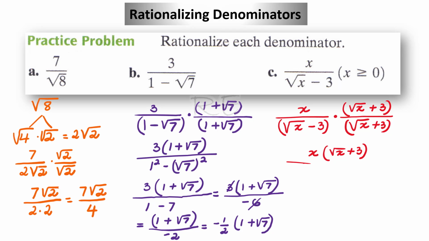The denominator, square root of x squared minus 3 squared. X times square root of x plus 3 divided by square root of x squared, which is x minus 9.